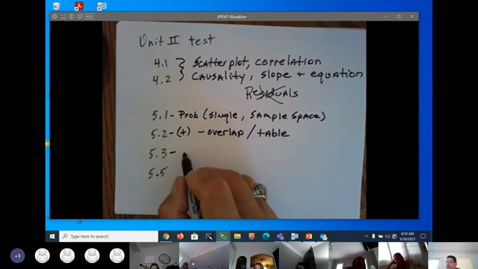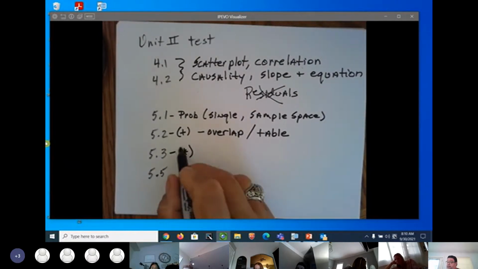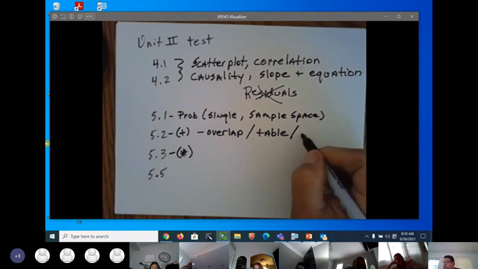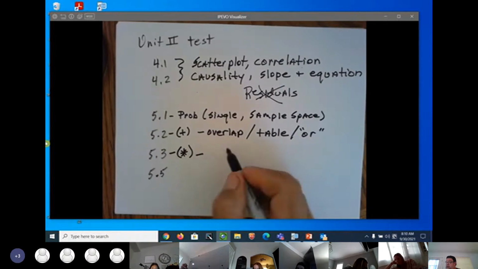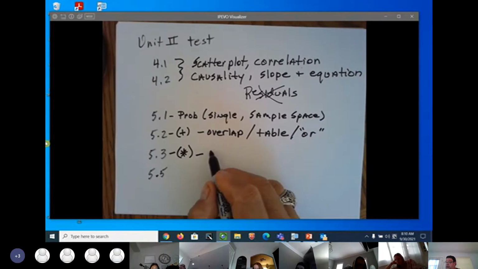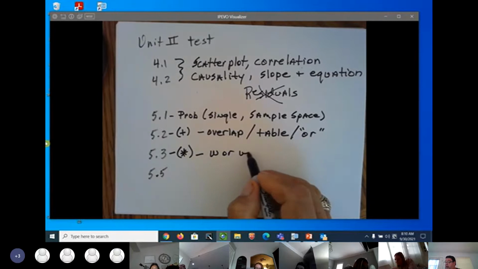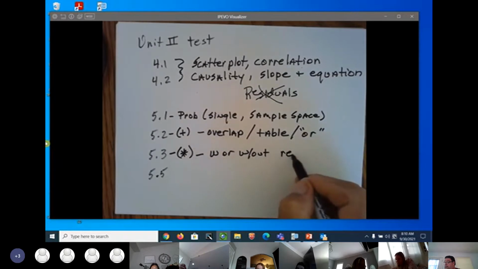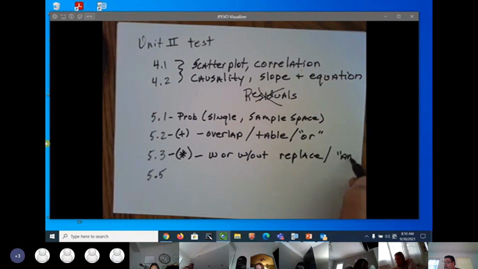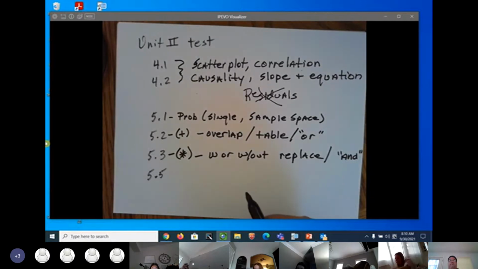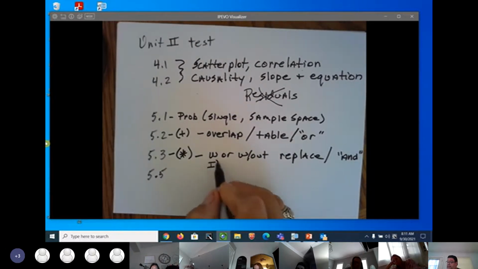The 5.3 is the multiplicative law, and this one is OR. This one you got to do with or without replacement. And you've got to remember the word and. With replacement is independent.